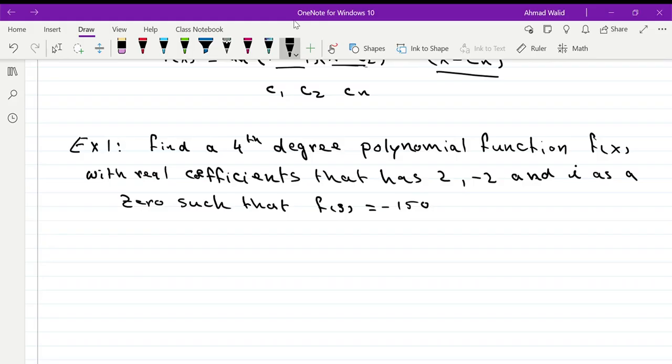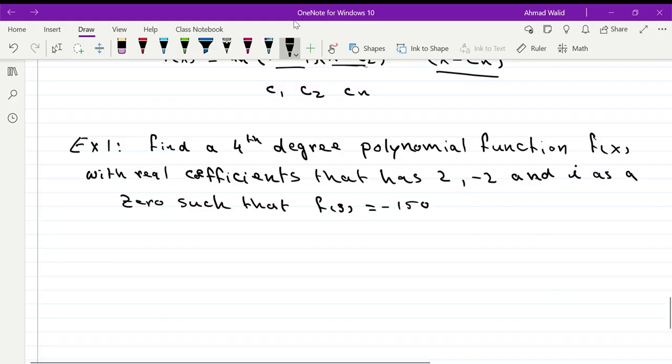They give you 3 zeros of a polynomial function, and they are asking you to write the polynomial function. In the first part of this lecture, I would give you a polynomial function and ask you to find the zeros. Now, they're giving you the zeros, they are asking you which polynomial function has these zeros. Correct?